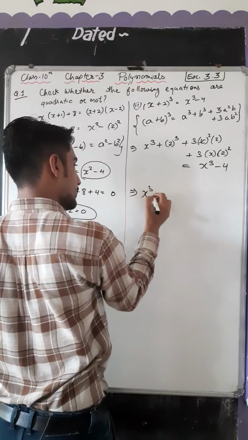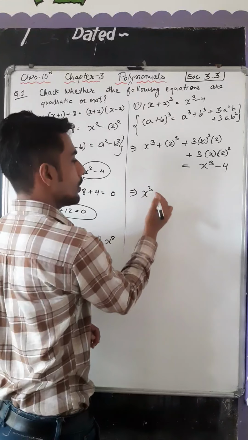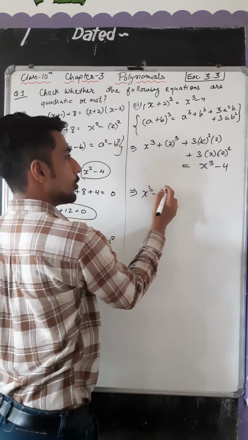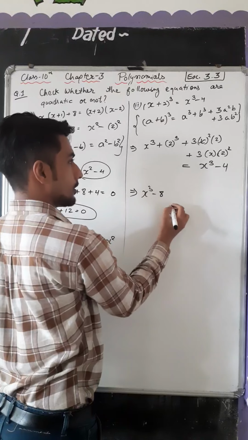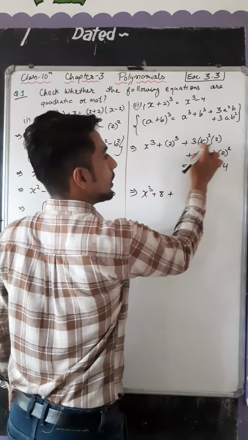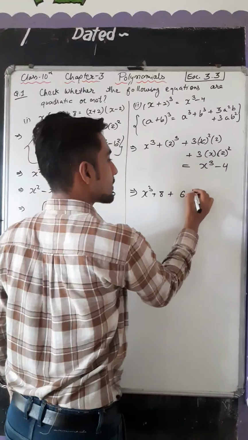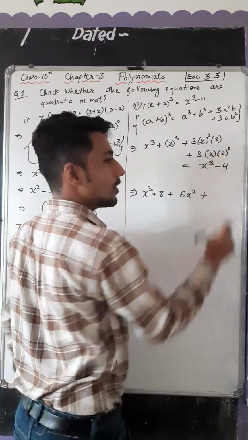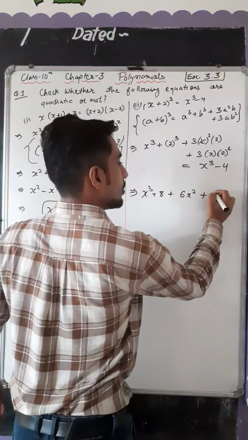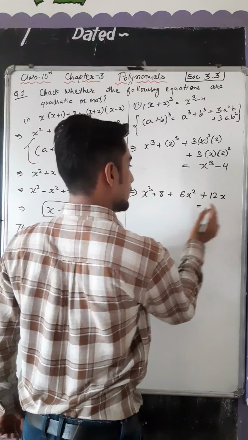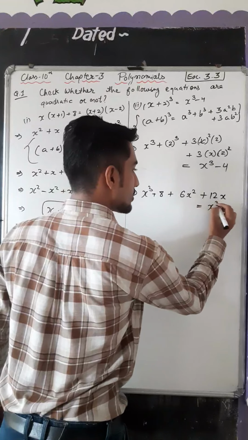Write x cube here. This is solved. What is 2 cube? 8. 8 plus 8. Then 3 into 2 is 6x square plus 3 into 4, 2 twos are 4, 3 fours are 12x. And this is equal to x cube minus 4.